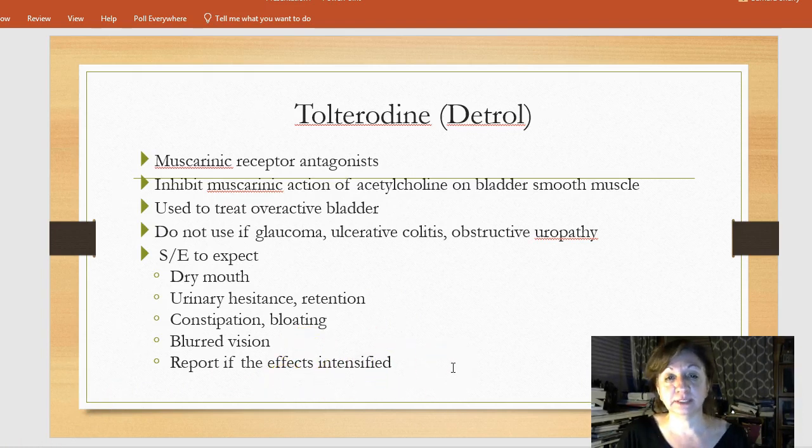This one, Detrol, is another common one used. It's a muscarinic receptor antagonist. It inhibits action of acetylcholine on the bladder muscle. So it's used for overactive bladder.